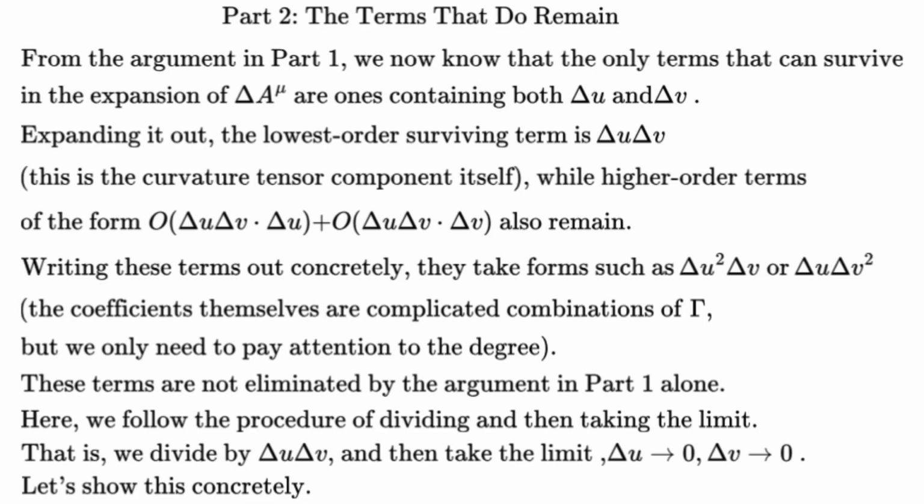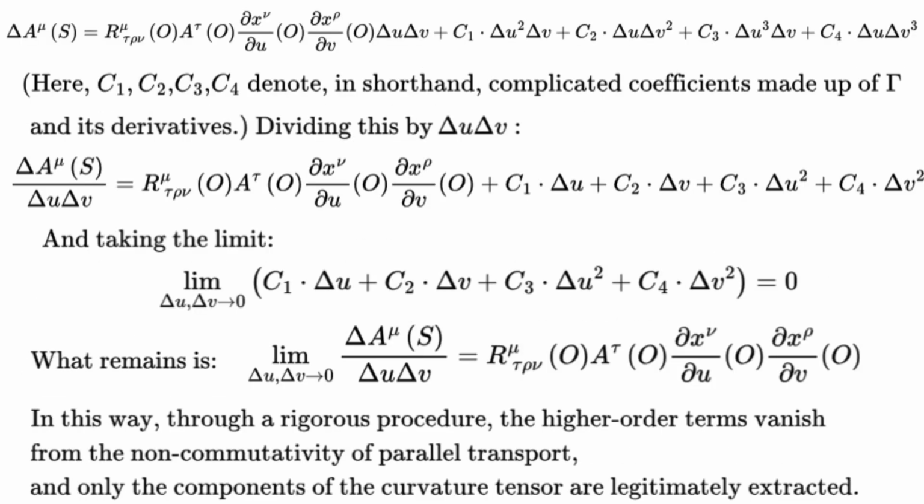Let's show this concretely. Here, C1, C2, C3, C4 denote, in shorthand, complicated coefficients made up of gamma and its derivatives.